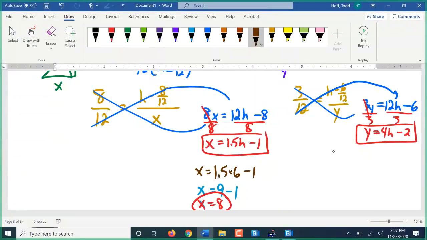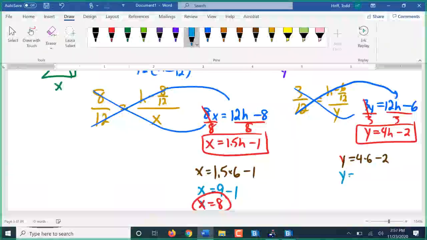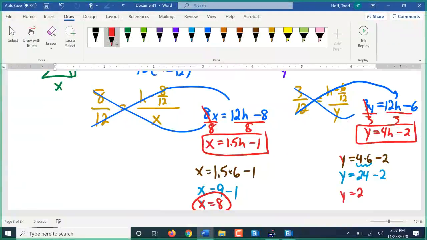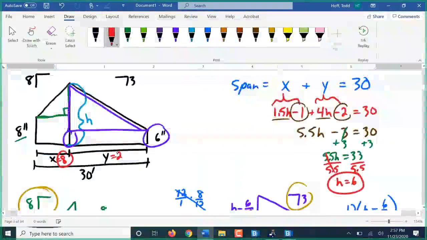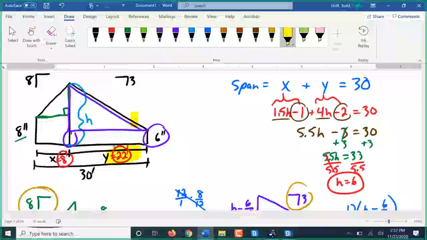Y equals 4h. 4 times 6 minus 2. 4 times 6 is 24. Minus 2. 24 minus 2 is 22. So y is 22. So x is 8, y is 22 feet, of course. And that does add up to our total of 30 feet.